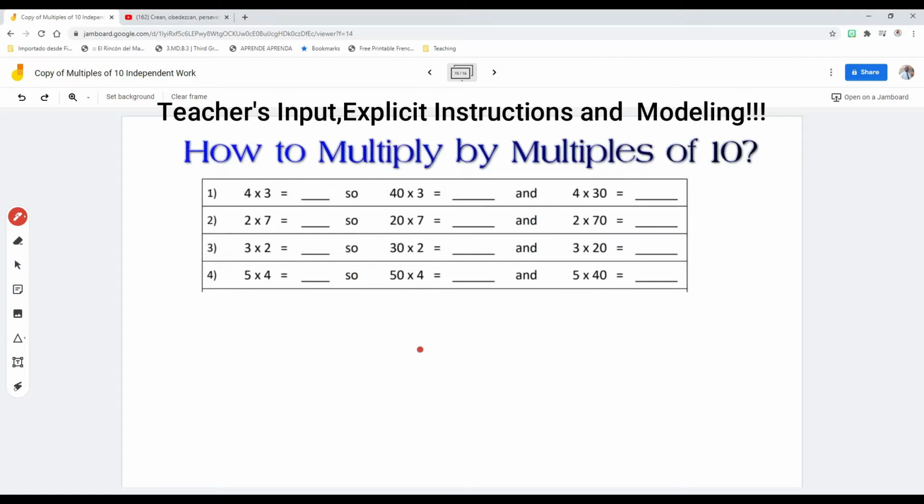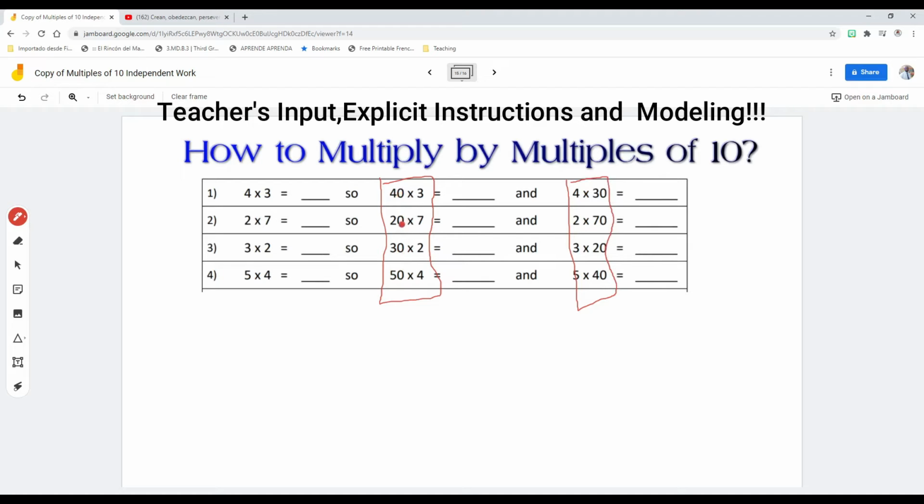Here we have some examples of how to find multiples of 10. This is an easy way to do that. These are the numbers with multiples of 10 multiplied by a one-digit number. You can see them here. Any of these numbers, when you add 0 to them, become a multiple of 10.